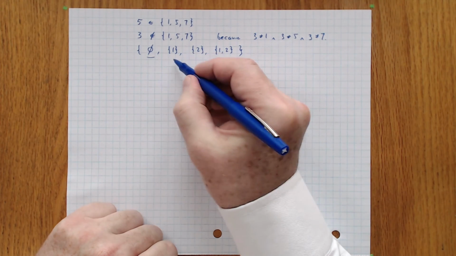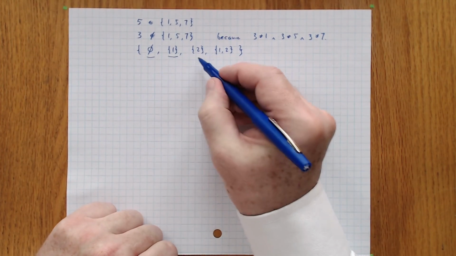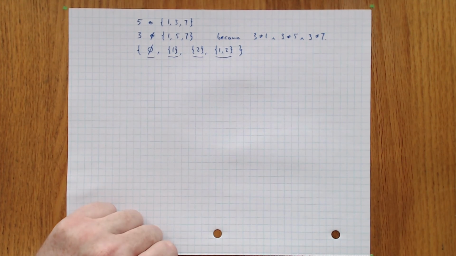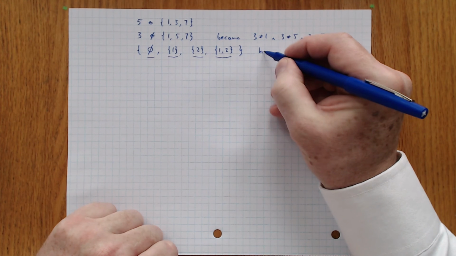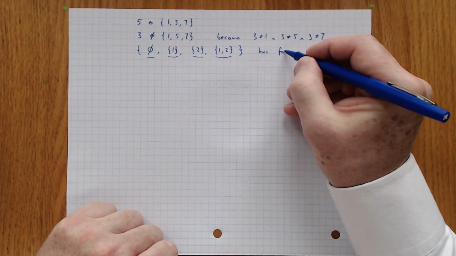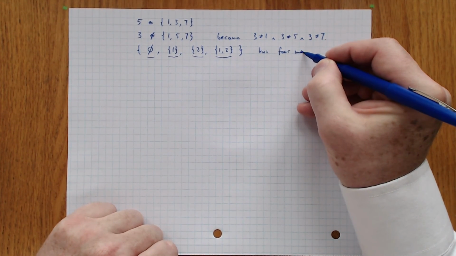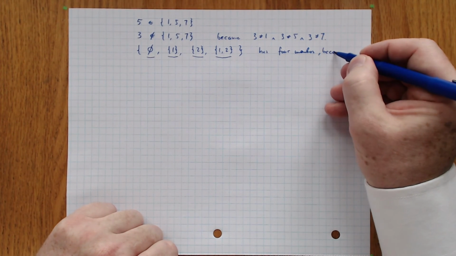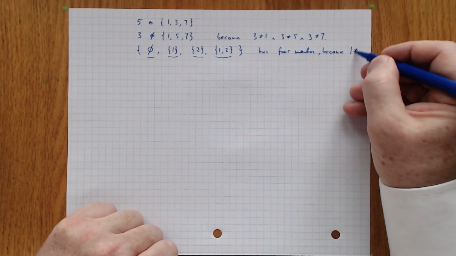Here they are: the empty set, the singleton of 1, the singleton of 2, the pair of 1 and 2. And actually the conclusion that this set has 4 members depends on knowing that 1 is different from 2. So this has 4 members because 1 is different from 2.